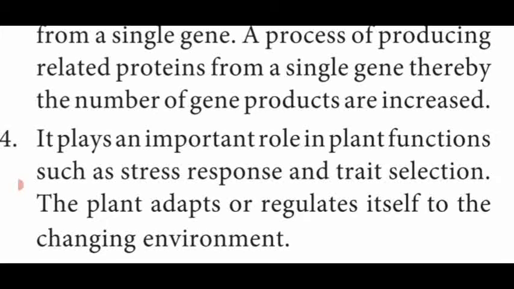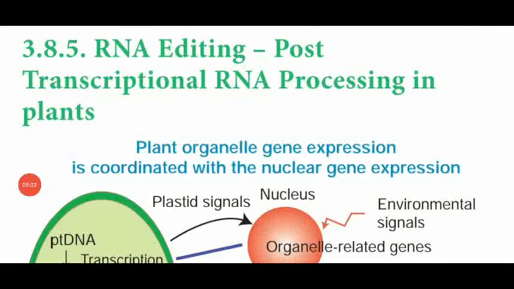Dear students, once again, alternative splicing and its significance is an important 3-mark and 5-mark question. Note it down in your textbook. The next topic is RNA editing, post-transcriptional RNA processing in plants.